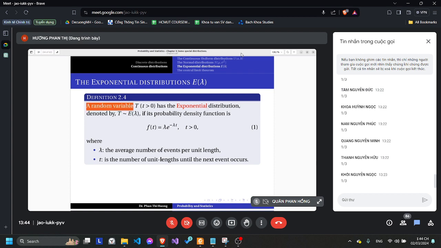A random variable T, where T is always positive, has the exponential distribution denoted by Exp(lambda) if its probability density is f(t) equals lambda e to the power of minus lambda t, t greater than 0, where lambda indicates the average number of events per unit length, and t is the number of unit lengths until the next event occurs. So look at this definition.